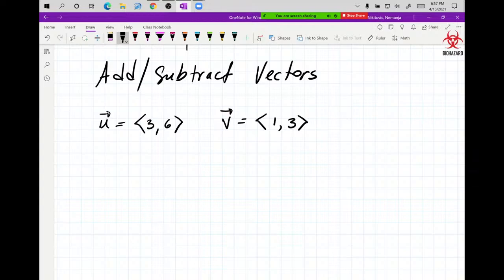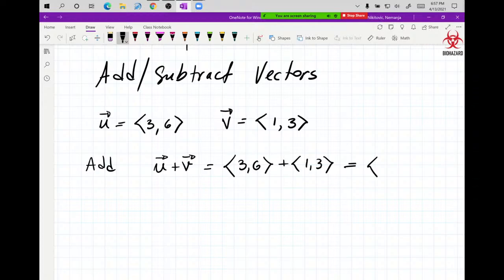And I want to add these two vectors. So u plus v is going to be 3, 6 plus 1, 3, and you just add their components to get 4, 9.